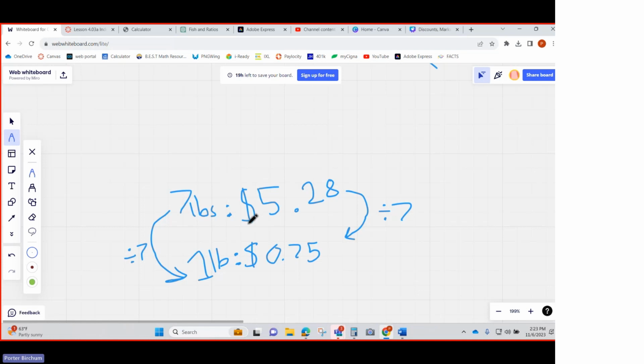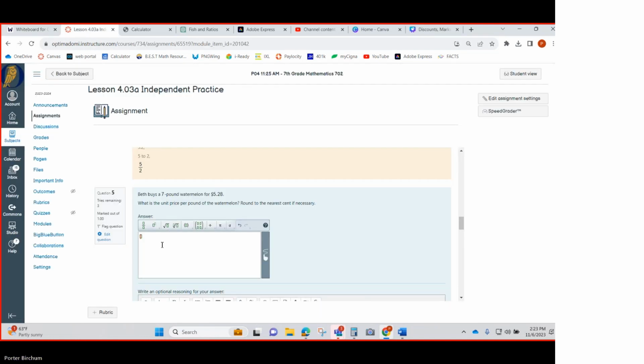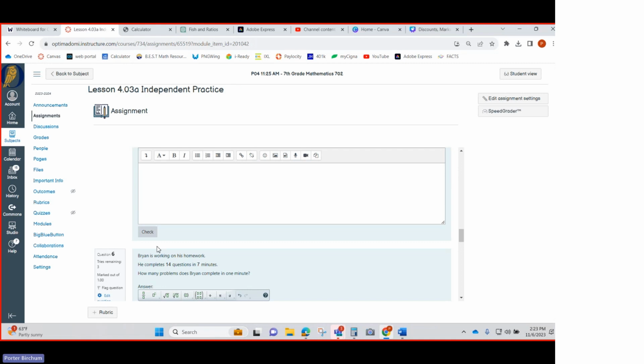Whatever number is 1 would come second. 5.28 divided by 7 equals our answer. Interesting discovery. Don't forget my dollar sign. $0.75. Rounded to the nearest.